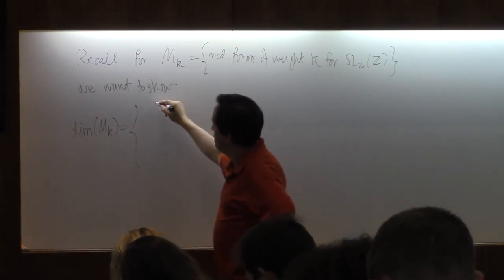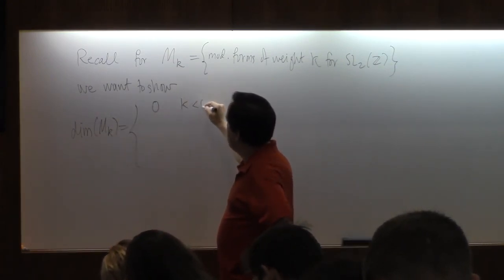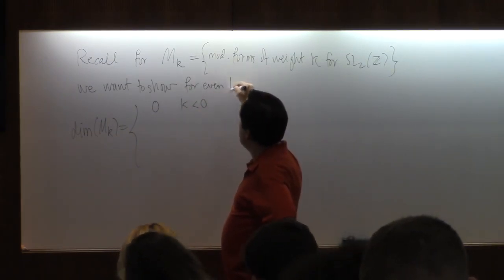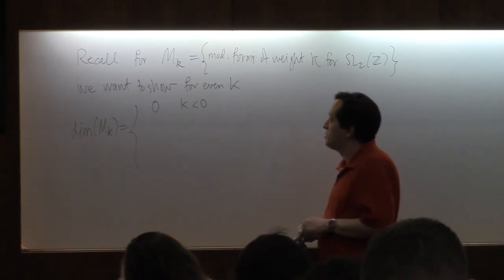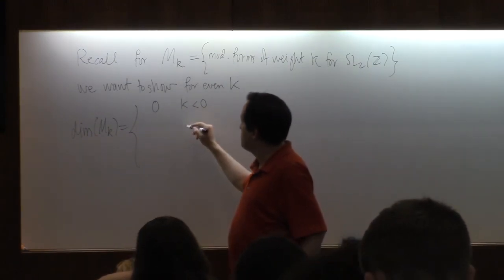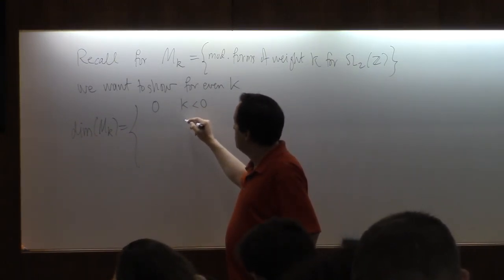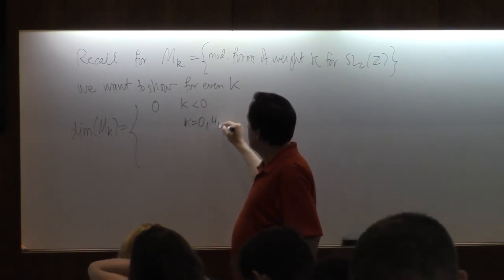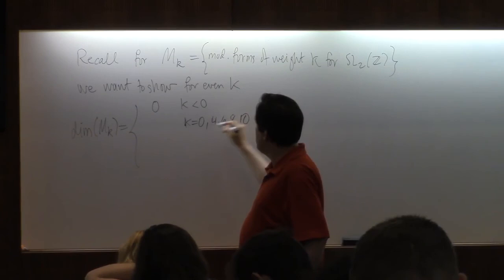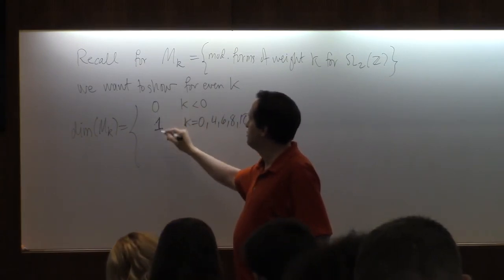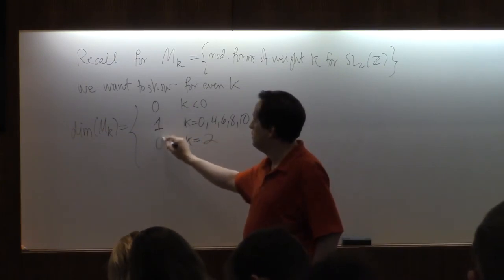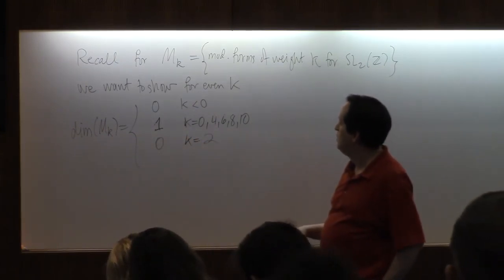So we want to show it's 0 if k is negative. Let me say we want to show, let's just say for even k. We already know it's 0 if k is odd. So for even k, we'll show 0 if k is less than 0. And then if k is 0, 4, 6, 8, and 10, we want to show it's one-dimensional. If k is 2, it's back to being 0-dimensional.